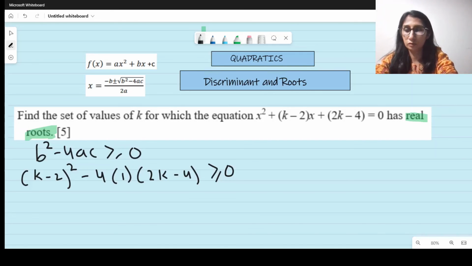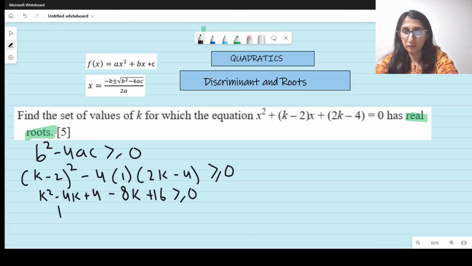So this is a² − 2ab + b², minus 8k + 16 ≥ 0. So that's k² − 12k + 20 ≥ 0.